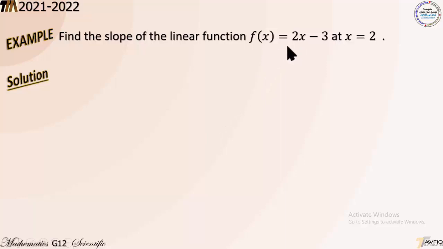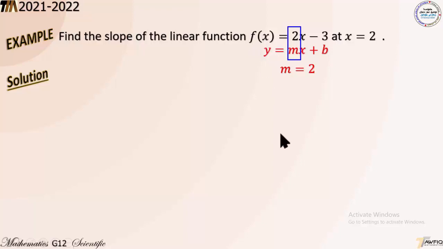We can compare this function with the equation of the linear function in slope and intercept form. Comparing between these two equations, we can see that m is equal to 2. This is the slope of the function f of x.